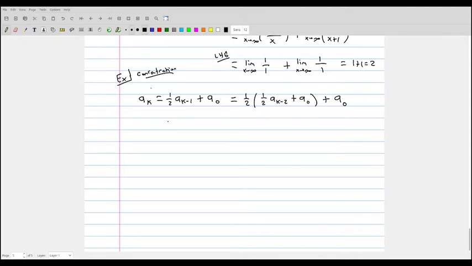And so what this shows us is that a_k is equal to 1/4 times a_{k-2} plus 1/2 times a_0 plus a_0.